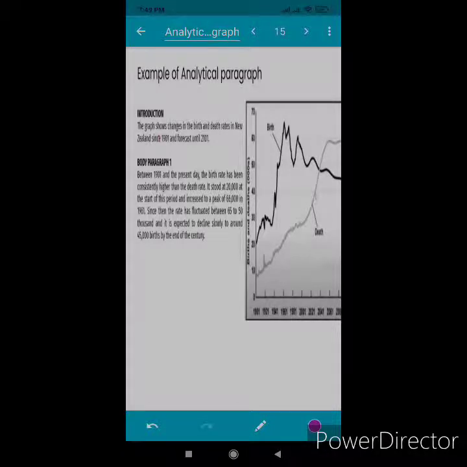Since then, the rate has fluctuated between 65 and 50,000, and it is expected to decline slowly to around 45,000 births by the end of the century. You have to observe everything from the graph and then write it down.